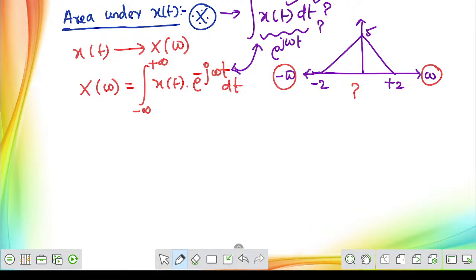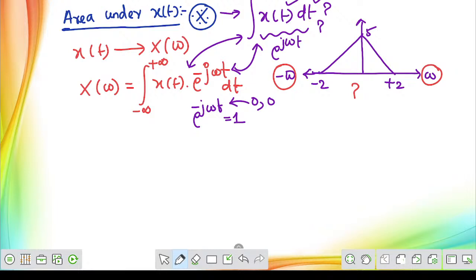It means that if I compare these two, the value of e power j omega t must become equal to 1. If I make this value equal to 1, then both formulas become the same. How should I make it 1, sir? For that, either I should replace t by 0 or I should replace omega by 0. Which one is the best option here? You should replace omega by 0. Why?